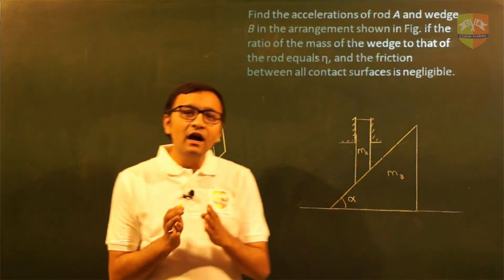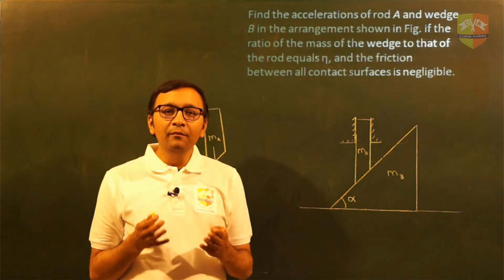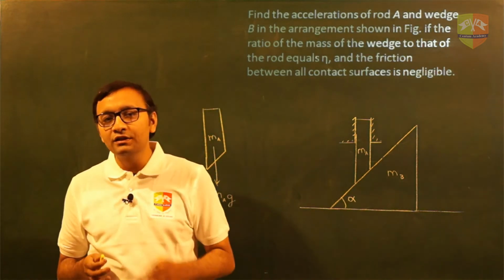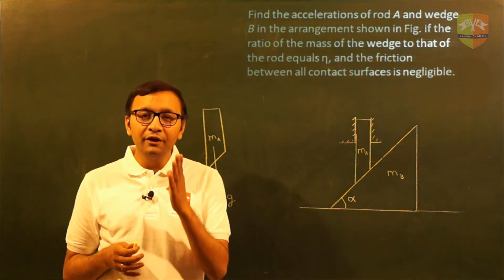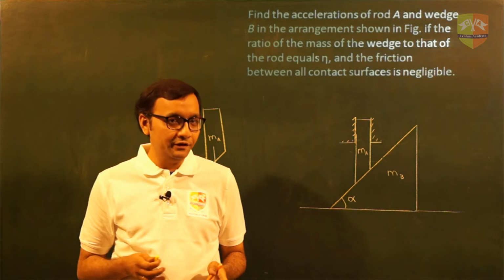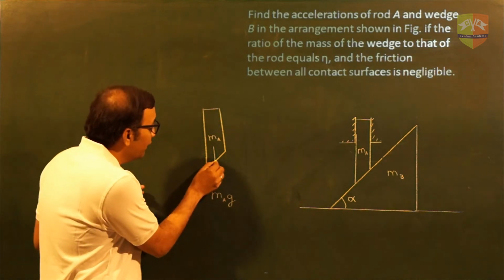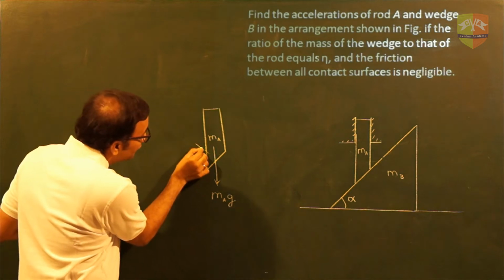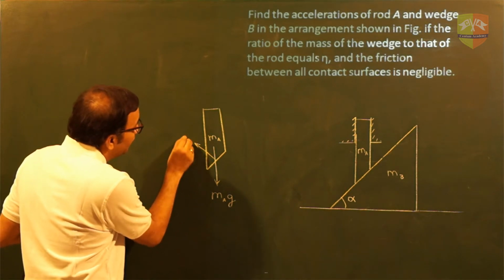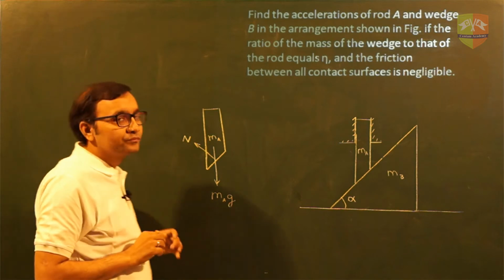Whenever two surfaces are in contact, there will be a push from one surface to the other surface, right? And it will be along the normal direction. That normal must be common to both the surfaces, right? So there will be a normal reaction which is perpendicular to the contact surface. So we will get a normal reaction like this.